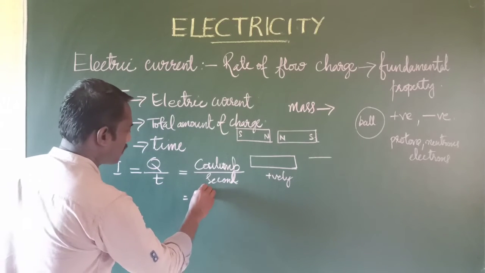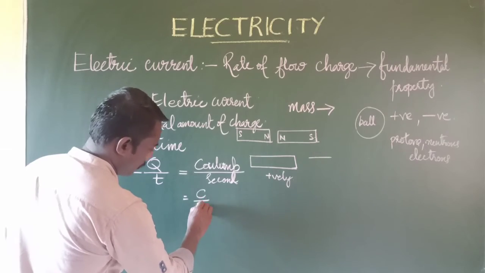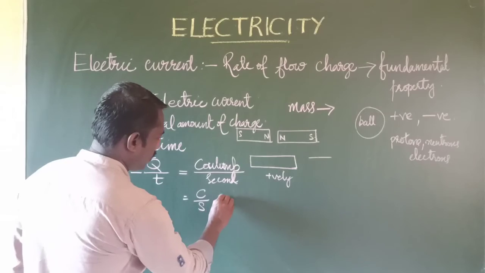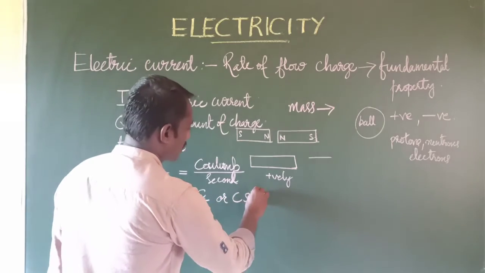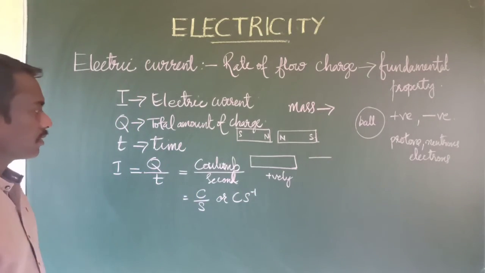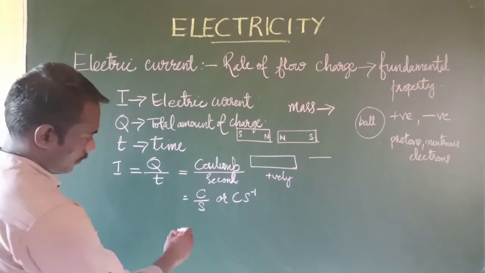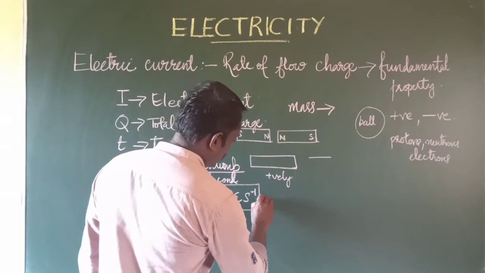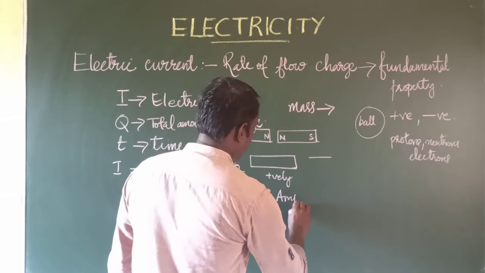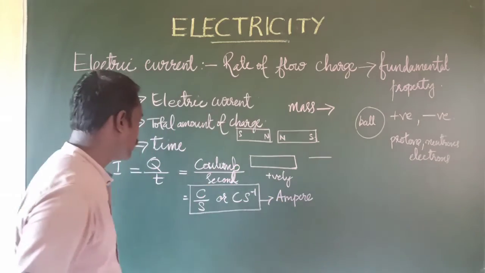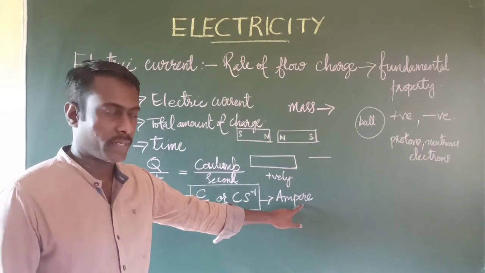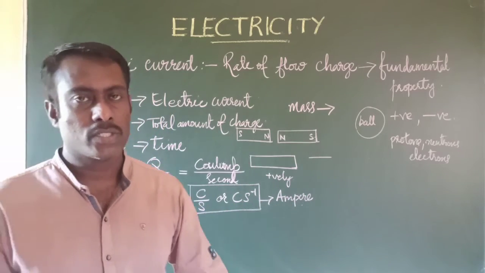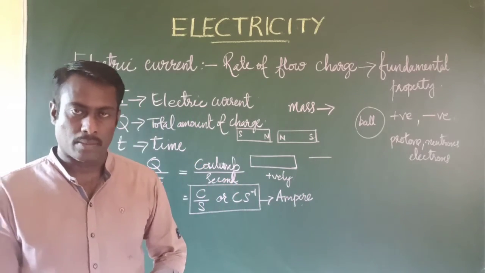So coulomb per second is the SI unit of current, and the unit is termed ampere. So the SI unit of electric current is ampere. The name ampere is given after the name of a French scientist, André-Marie Ampère.